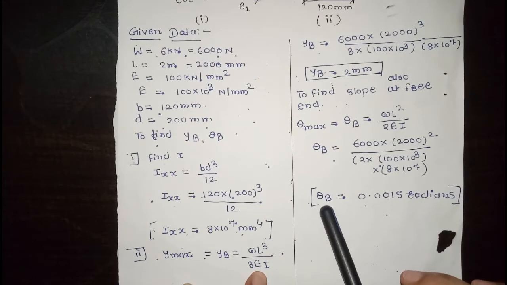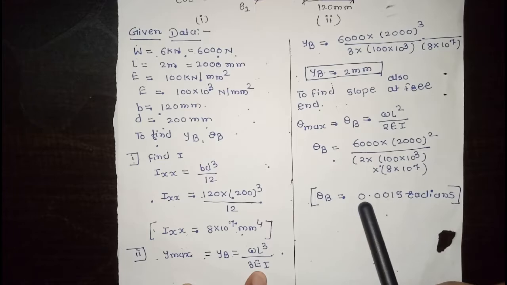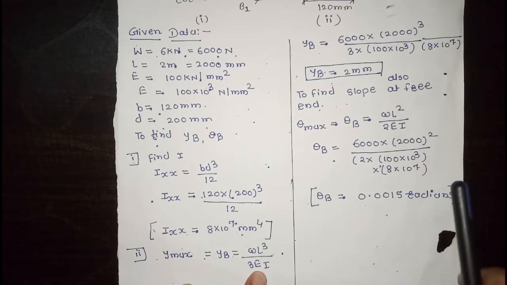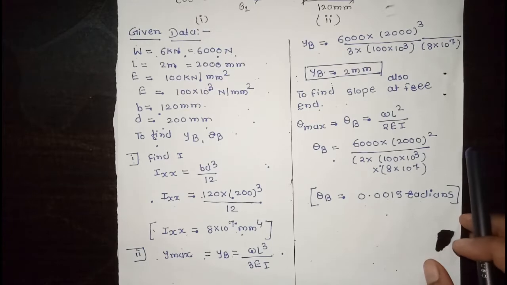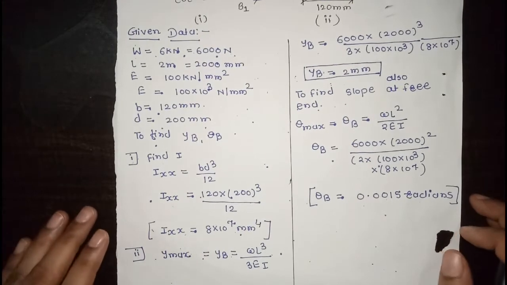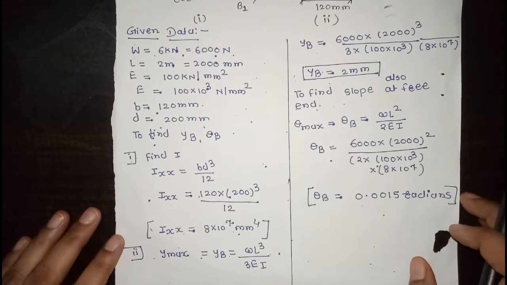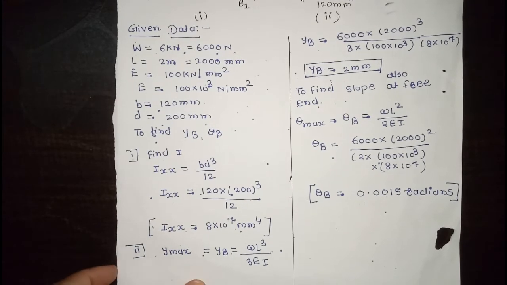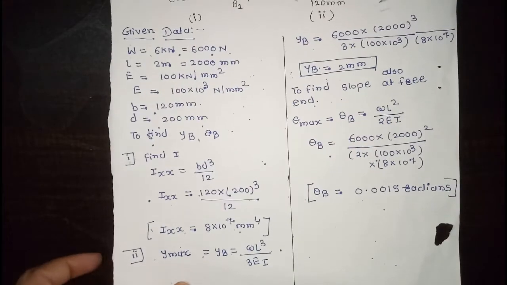Then we get theta b is equal to 0.0015 radians. Okay, this is the third case, cantilever beam with point load, and calculating deflection and slope at the free end. Next case is the cantilever beam with UDL over the entire span.